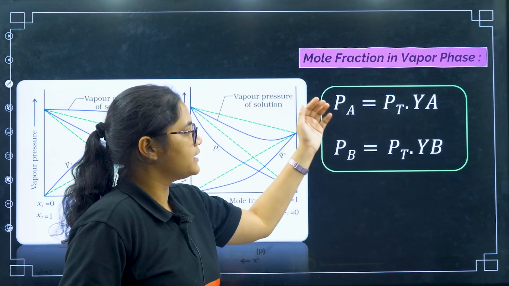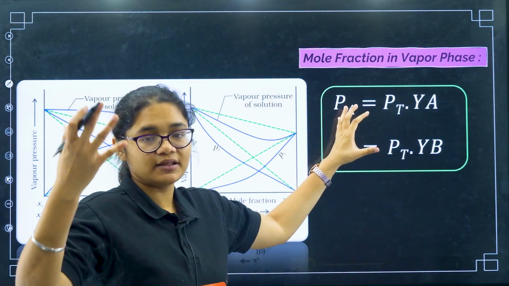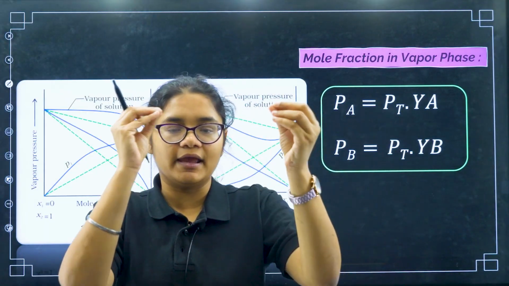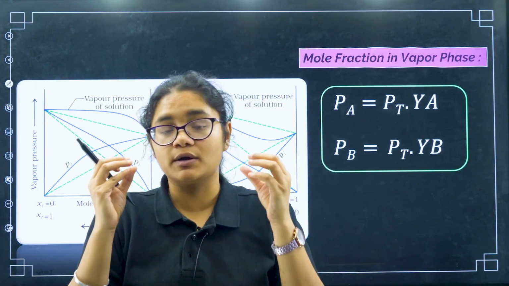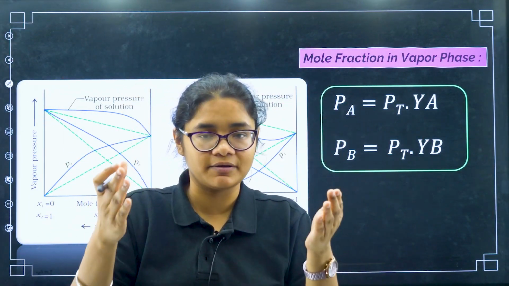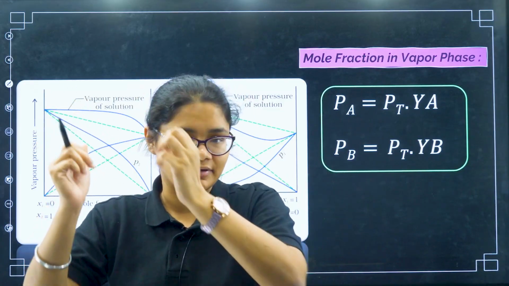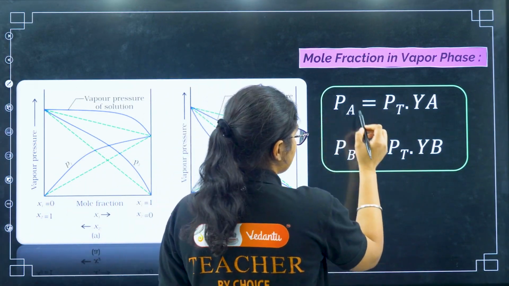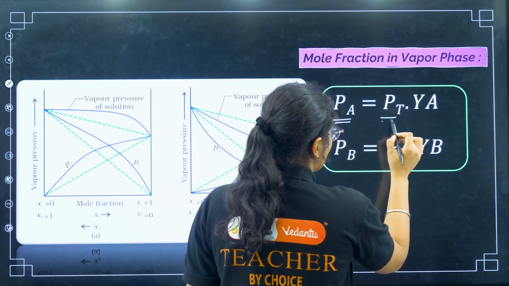Then we have the mole fraction in the vapor phase. Once the vapor has been created, there will be A and B in the vapor form also. So what is the mole fraction of A in the vapor phase, and the mole fraction of B in the vapor phase? There we have PA, the partial pressure of A, equal to P total YA.